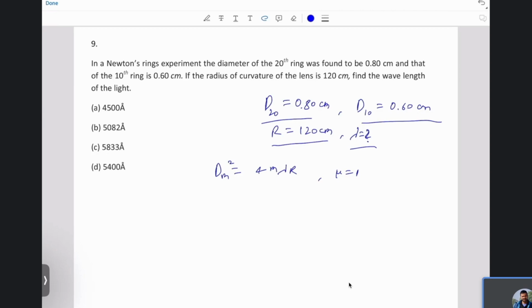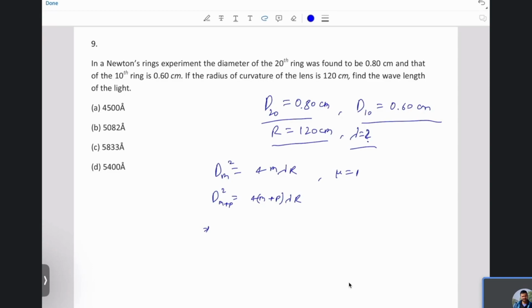Now we have another diameter, so D(m+p) square is 4(m+p) lambda R, right? So what we can do is just subtract these.